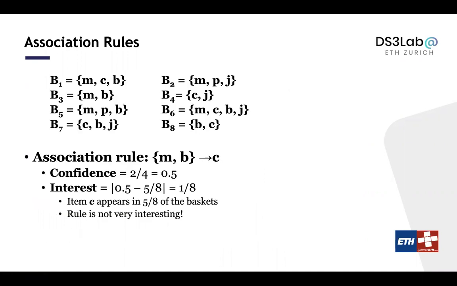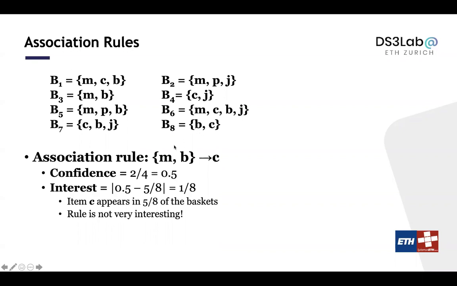Here's just one example. Assume we have these 6 different items, and we have 8 transactions. Let's look at one association rule from MB to C. If you want to calculate the confidence, how do you do that?